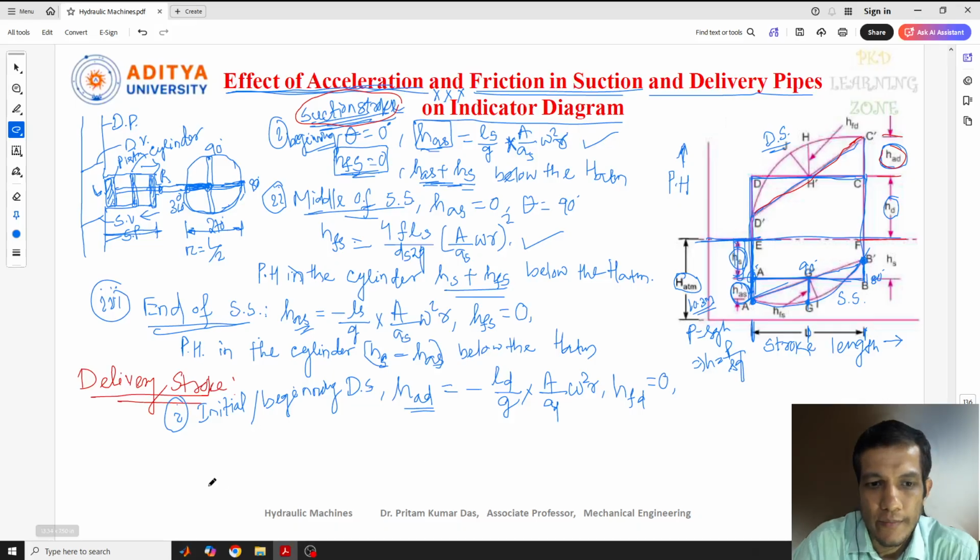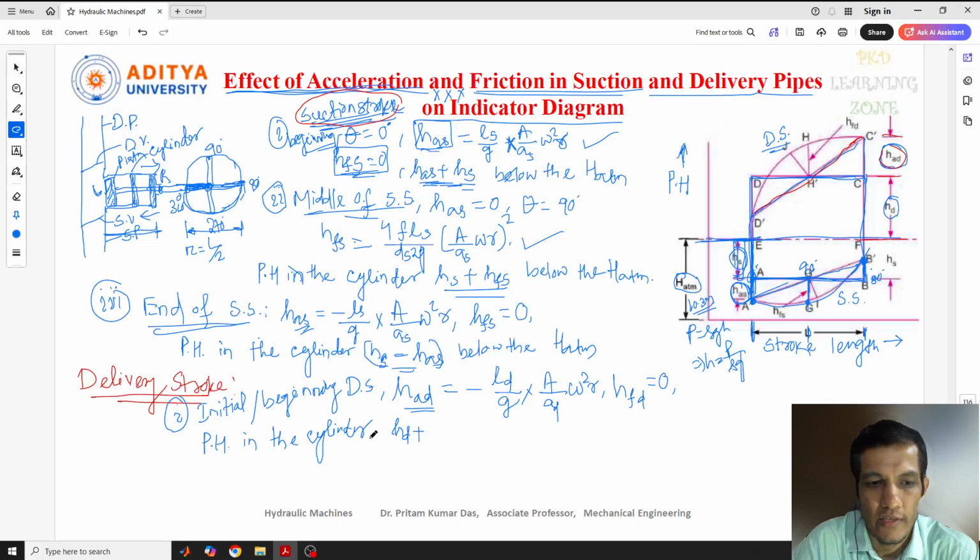So here, the pressure head in the cylinder, which we can write as HD plus HAD. Earlier it was minus because the suction head was there, and from that it was reversed.